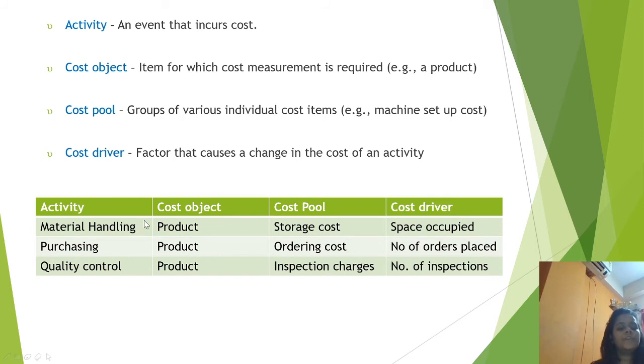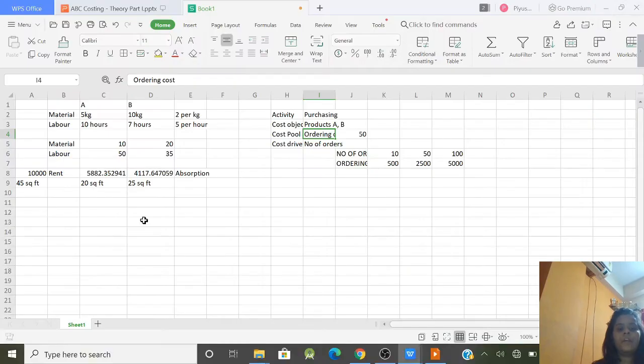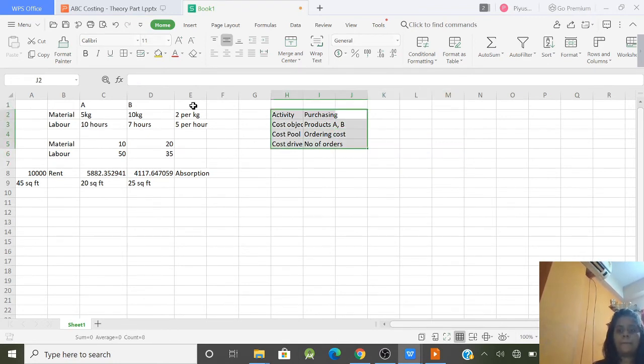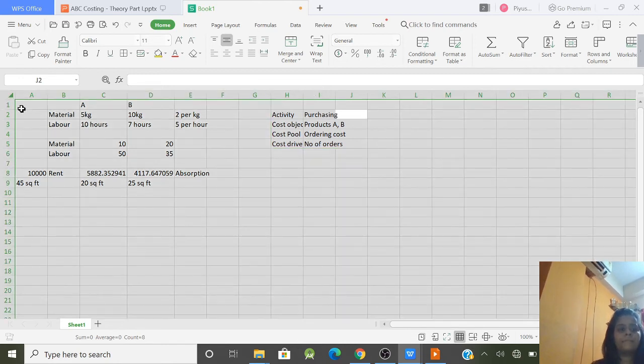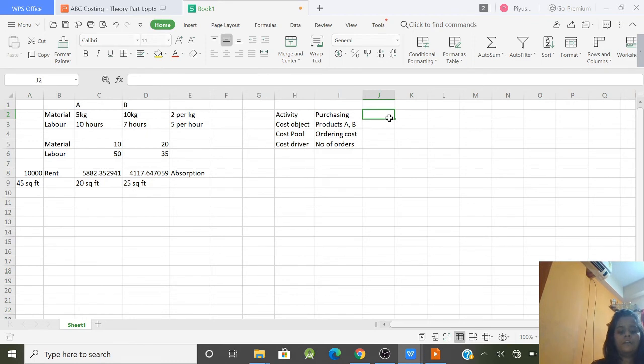Now there are a few more examples over here. Suppose once a product is made, you have to store those materials.